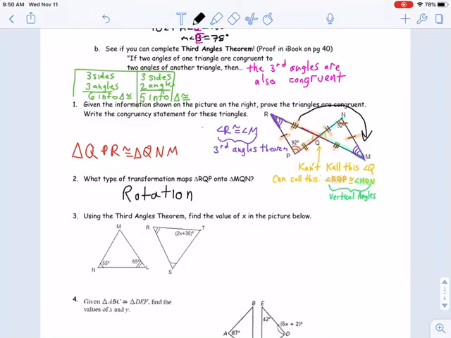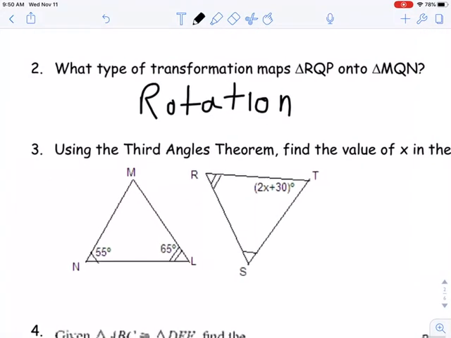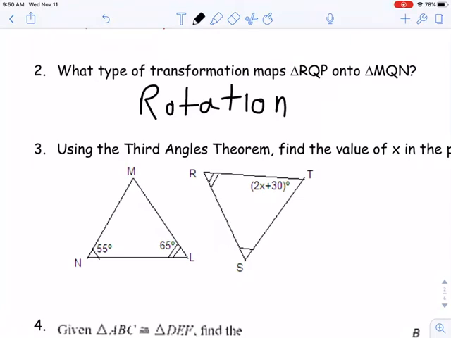All right, using the third angles theorem, find the value of x in the picture below. So, classic problem. Notice how N and S are the same. L and R are the same. So that must mean T and M are the same. So in fact, M is also 2x plus 30.